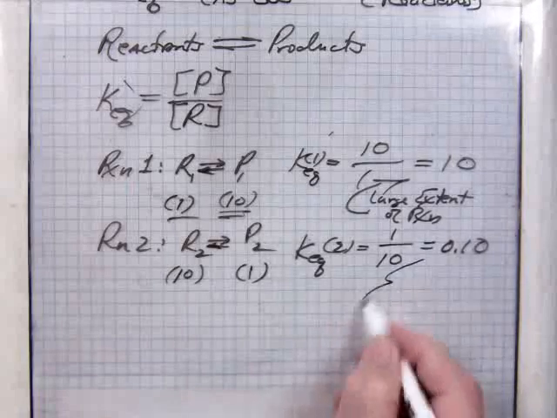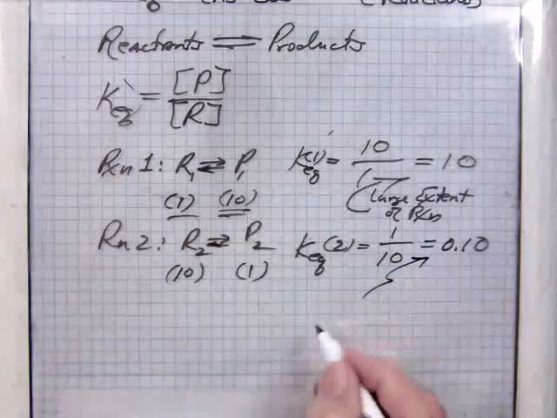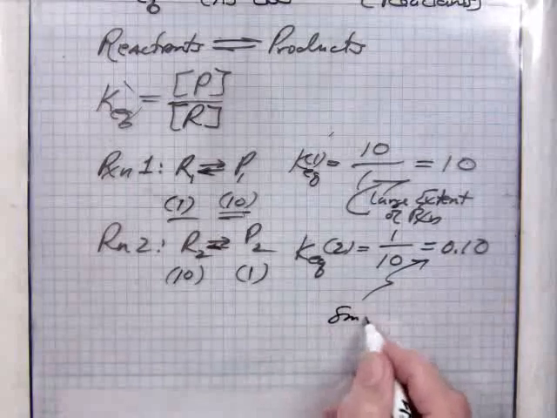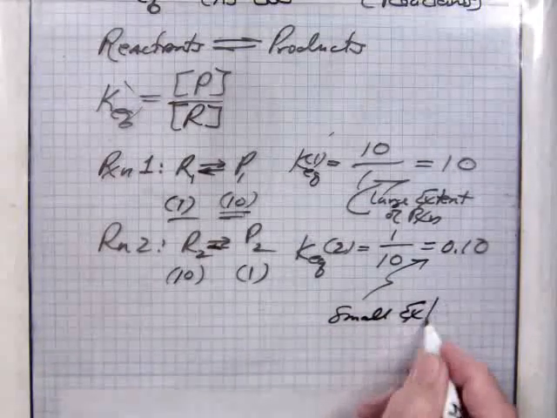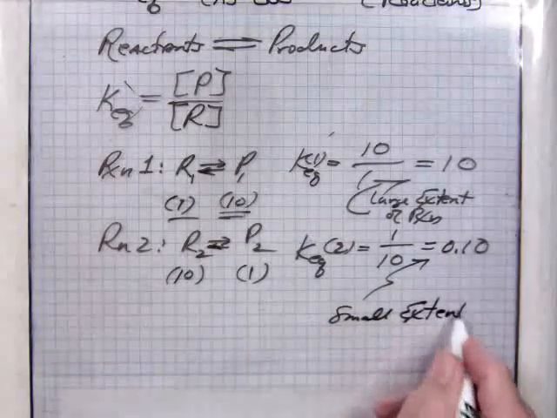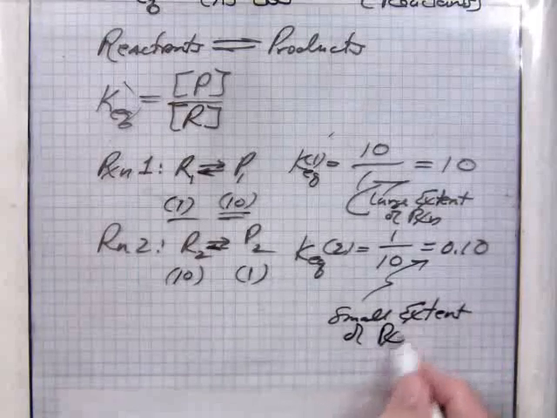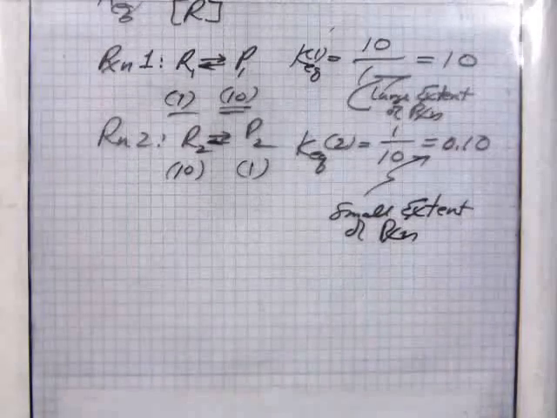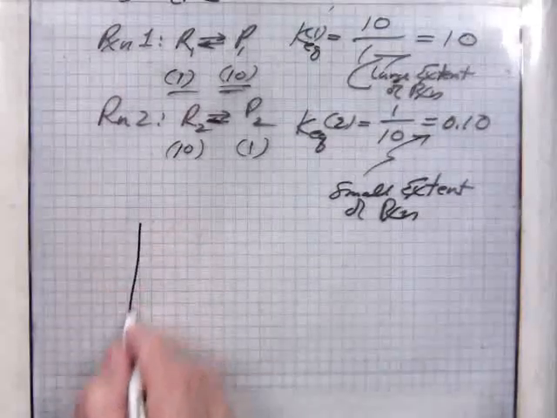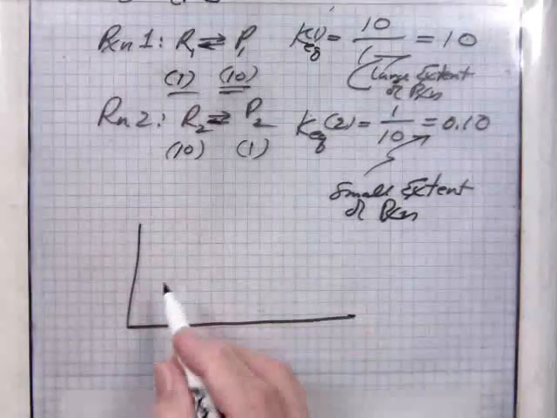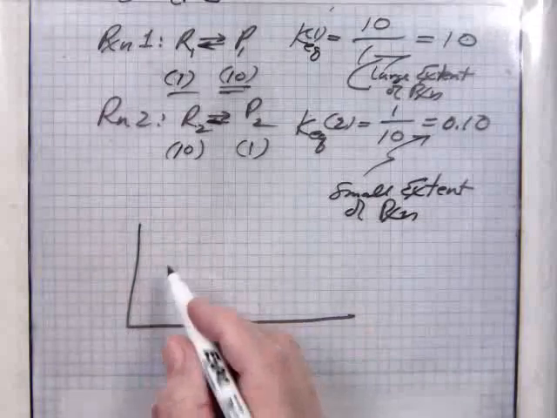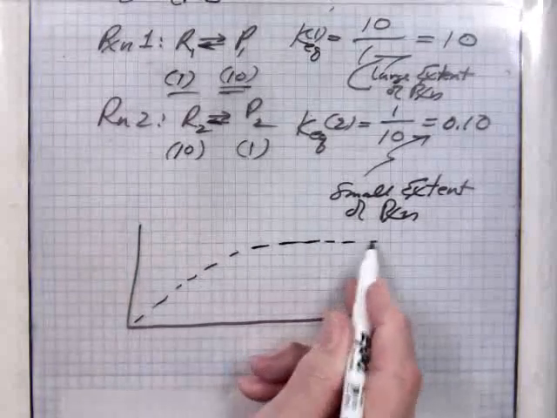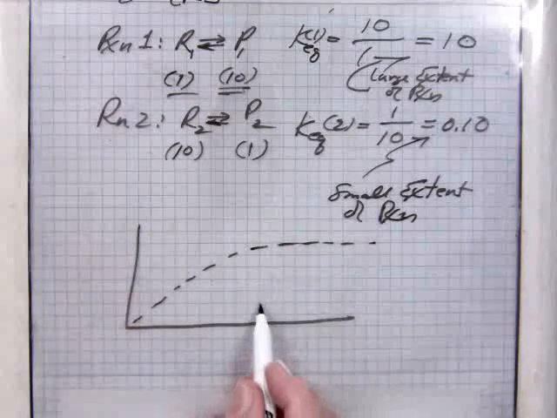Something like the 0.1 equilibrium constant would have a small extent of reaction, meaning, from the graphic that I gave you earlier, reaction 1 would have a trend that looks like this to the equilibrium point.